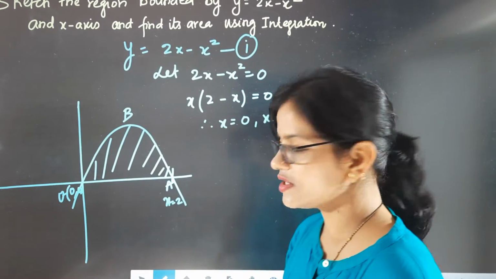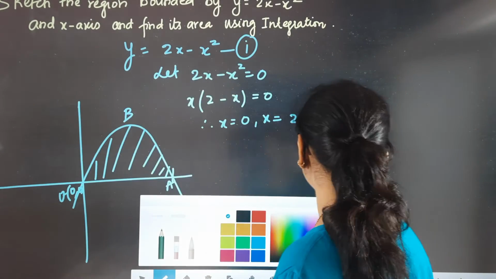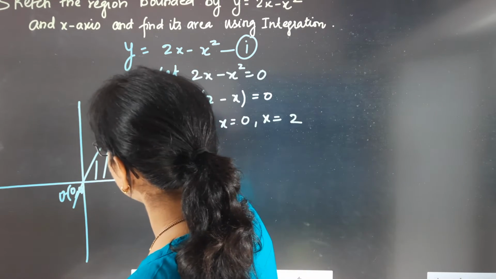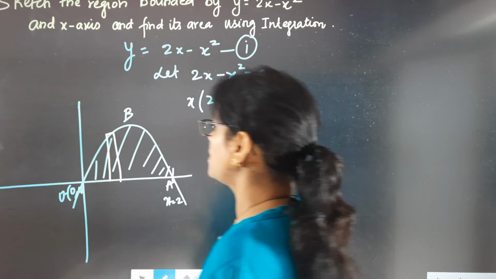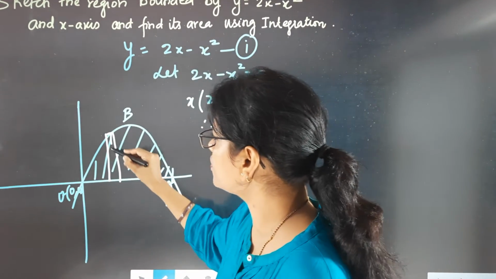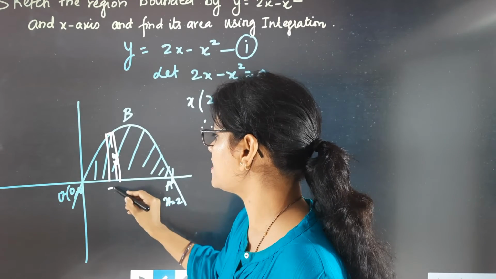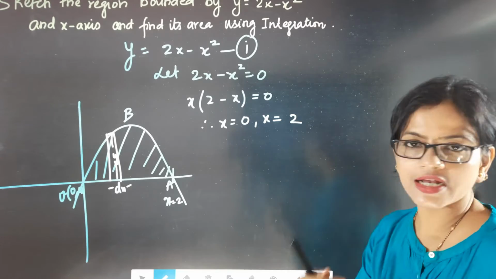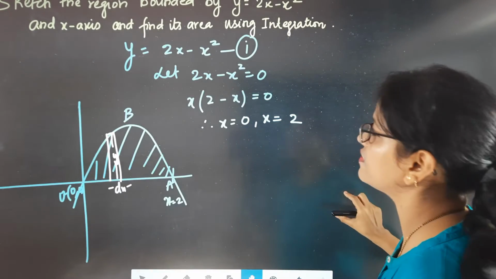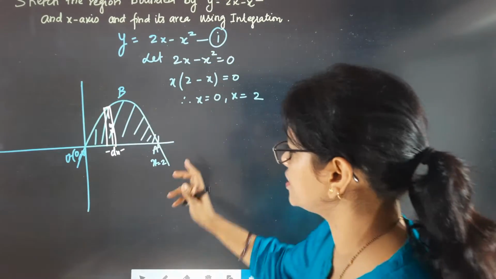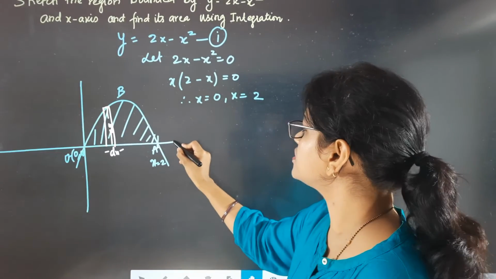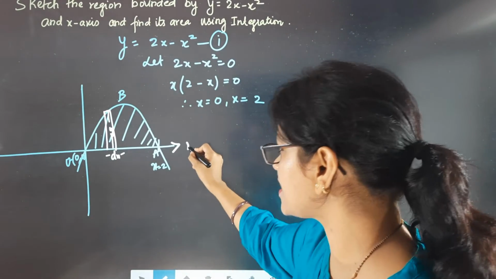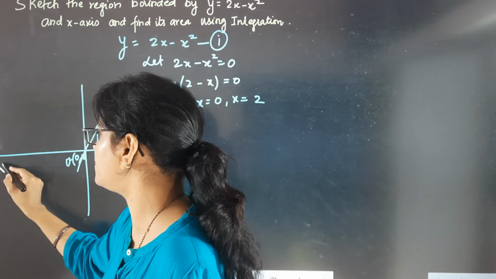Since we have to get the area of this region, we are going to convert this into a vertical strip. Again, this part length will be taken as y and breadth will be taken as x. Now same statement we are going to write as in the previous one.